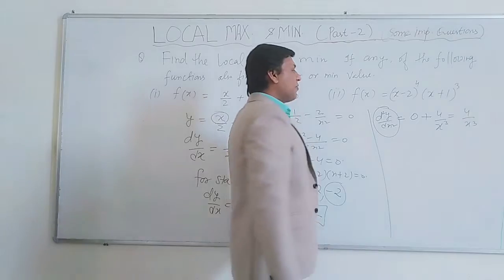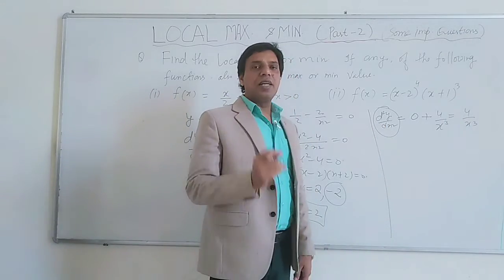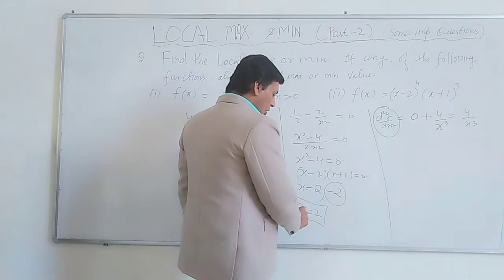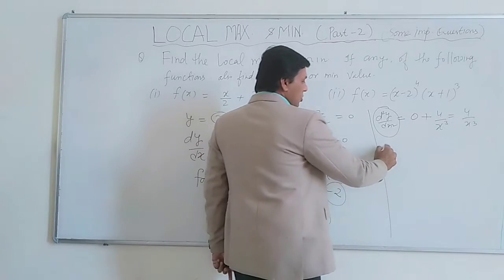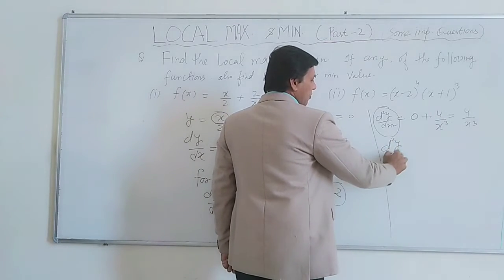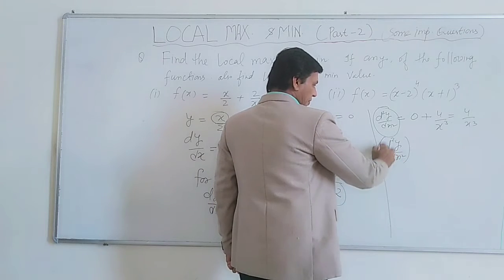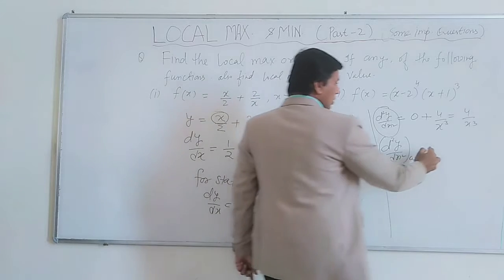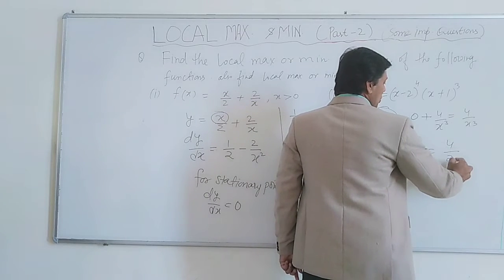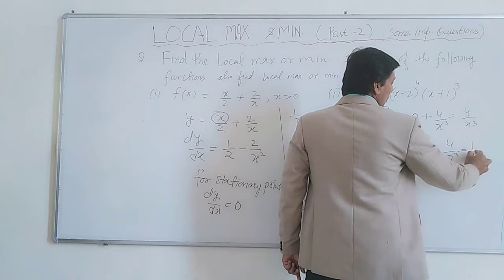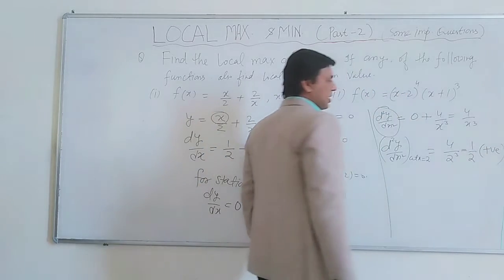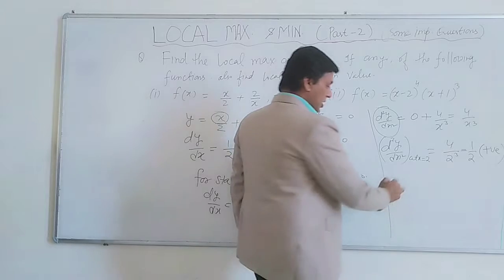Now we have to check the sign of the second order derivative d2y dx2 at x equal to 2. So 4 upon 2 cube, which is 1 upon 2, is obviously positive.